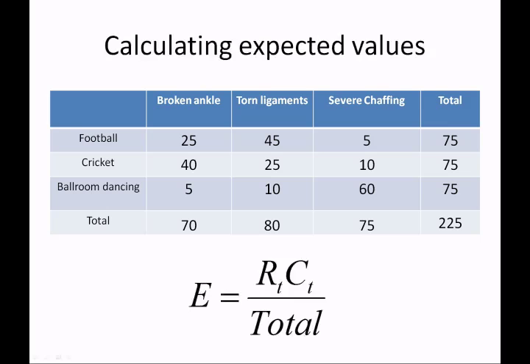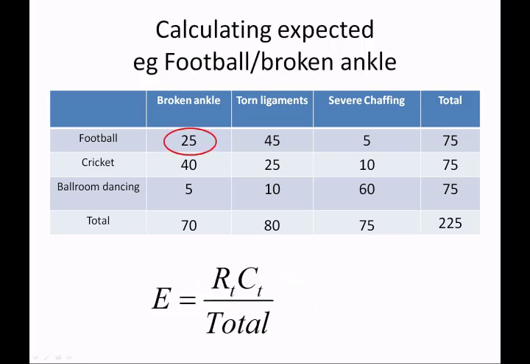It's slightly more difficult to calculate the expected values now. It's not so obvious. We use this formula: the row total times the column total, divided by the overall total. So for example, let's calculate the expected number of broken ankles in football from this data.